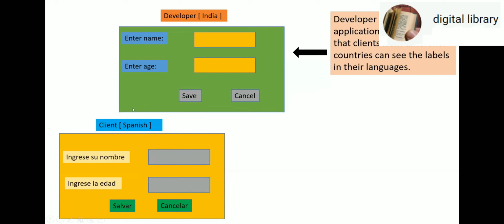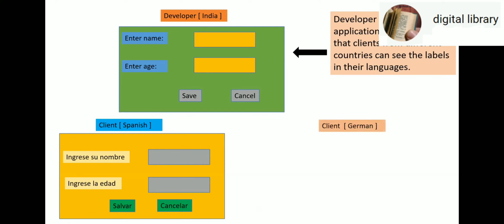So "enter name" in Spanish is called this, "enter age" in Spanish is called this, save means this, cancel means this. So this developer has converted his GUI application so that the Spanish client can see labels in his own language.